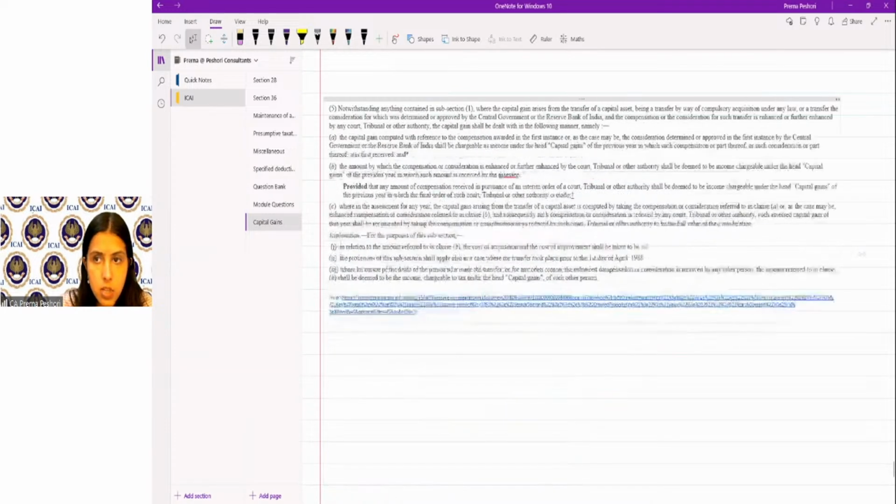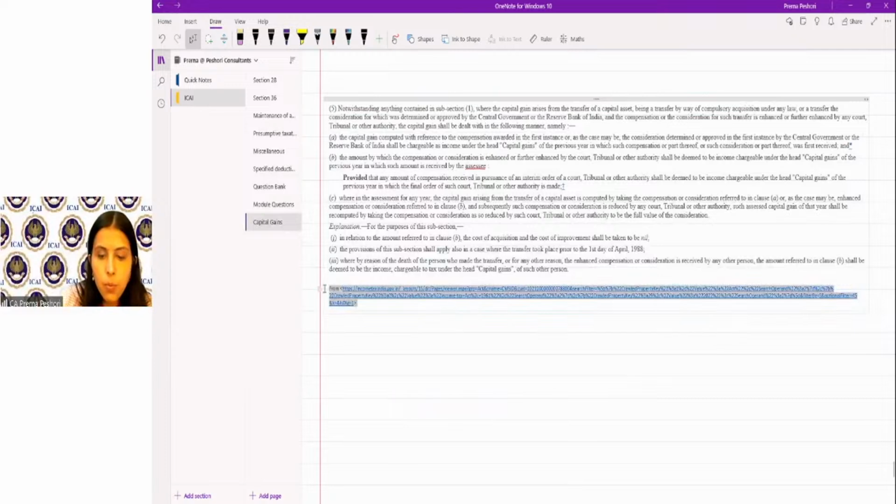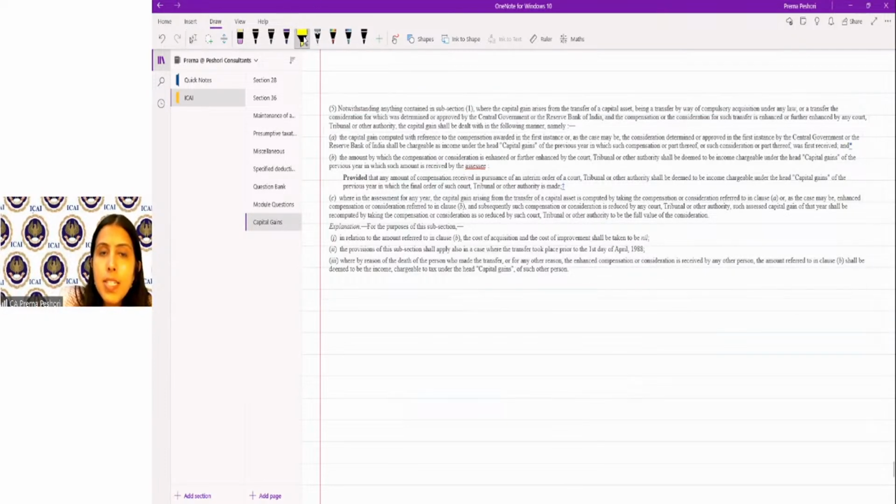See, this is the section. What does it say? Notwithstanding anything contained in subsection 1, meaning it overrides the general charge, where the capital gain arises from transfer of a capital asset, being a transfer by way of compulsory acquisition under any law, or transfer the consideration for which was determined or approved by central government or RBI, and the compensation or the consideration for such transfer is enhanced or further enhanced by any court, tribunal, or other authority, meaning it also covers the enhanced compensation, the capital gain shall be dealt in the following manner.